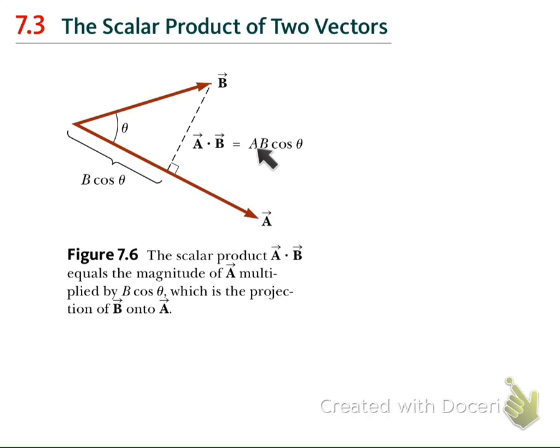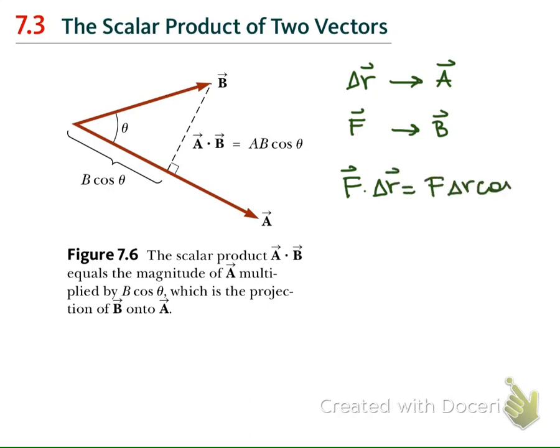A and B here are the magnitudes of A and B, and theta is the angle between A and B. So from this definition, if we put delta R as vector A and the force as vector B, we have that F dot delta R is equal to F delta R cos theta, which is equal to the work.